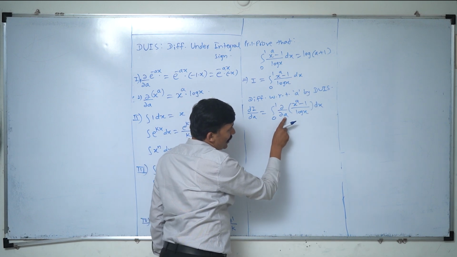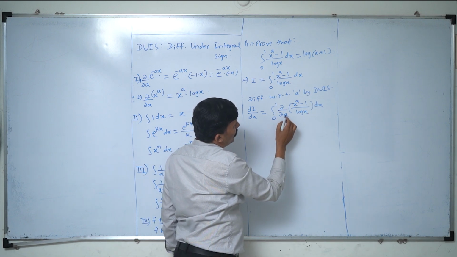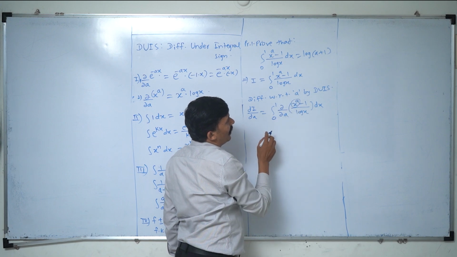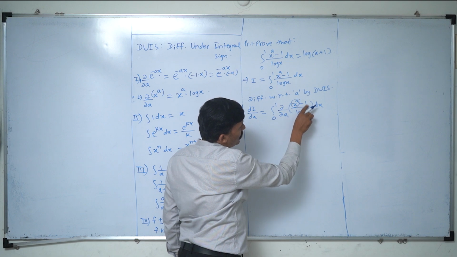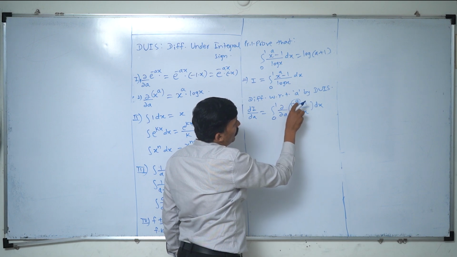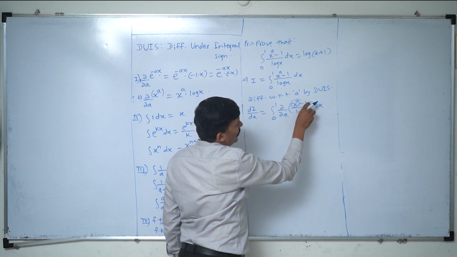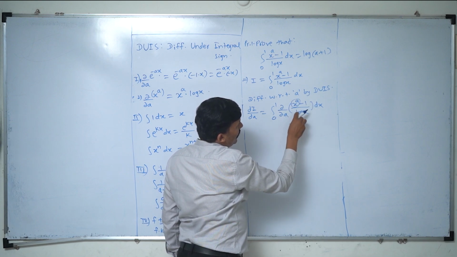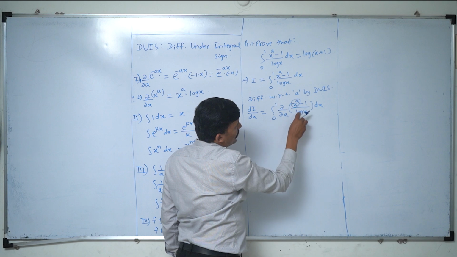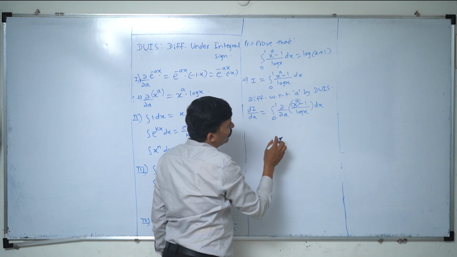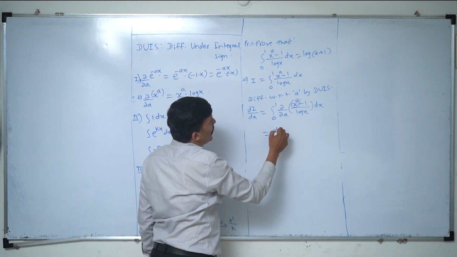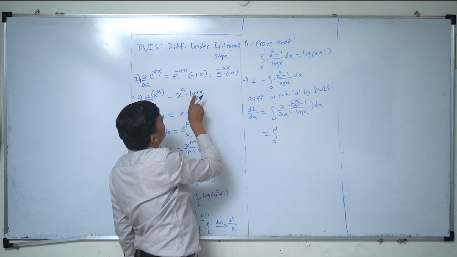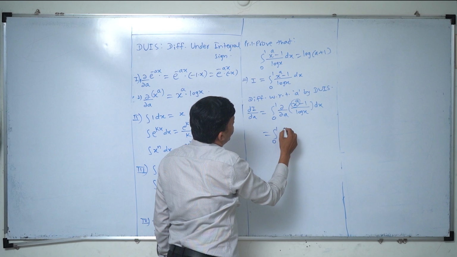Now you have to differentiate with respect to a. Which one is the term of a? This x raised to a is the term of a. What is the relation of this term with respect to the term of a? Subtraction, therefore this term becomes 0. What is the relation between this term and the term of a in the denominator? Division, so this term remains as it is. The derivative of x raised to a is x raised to a into log x.